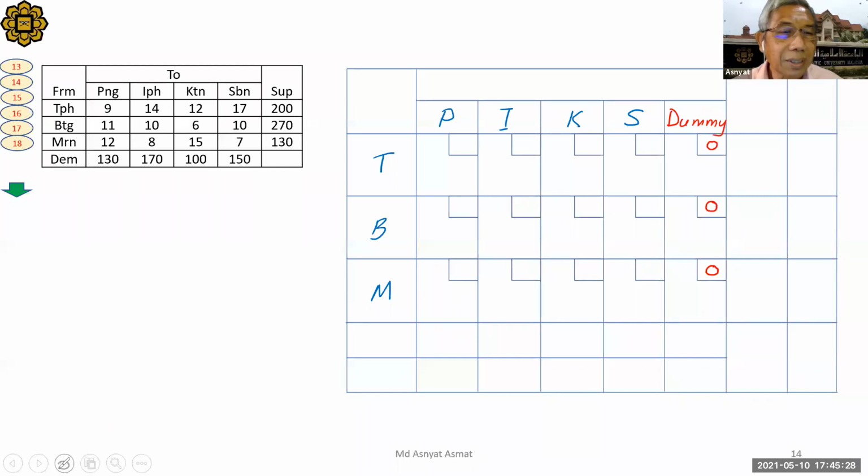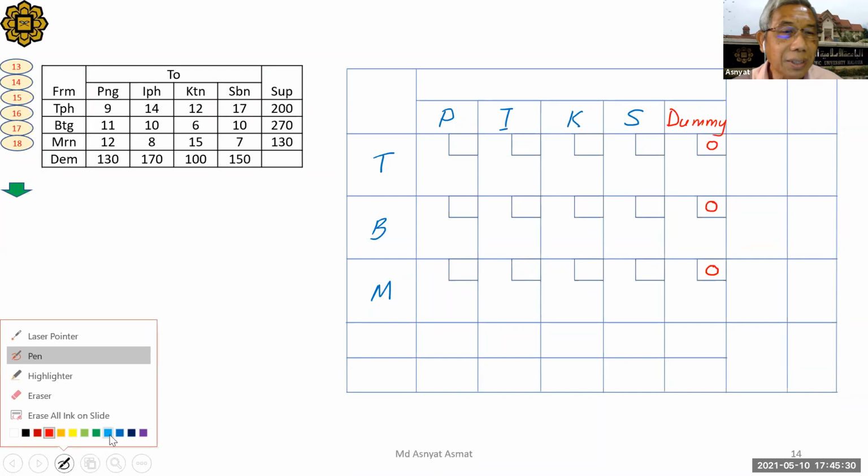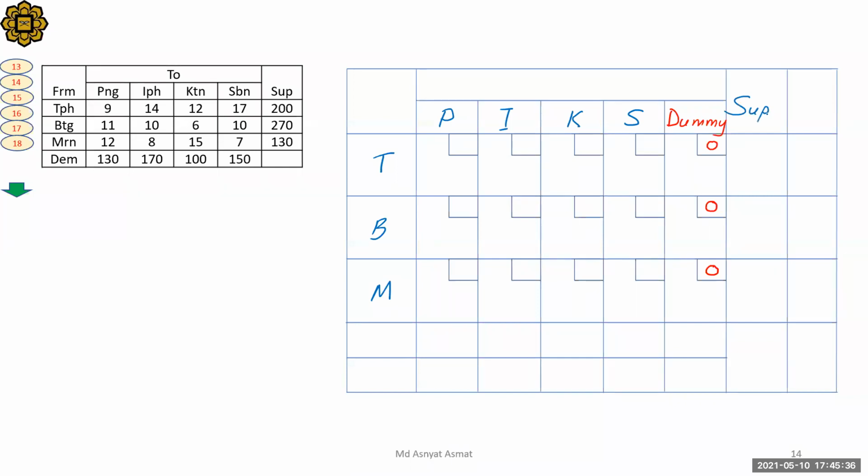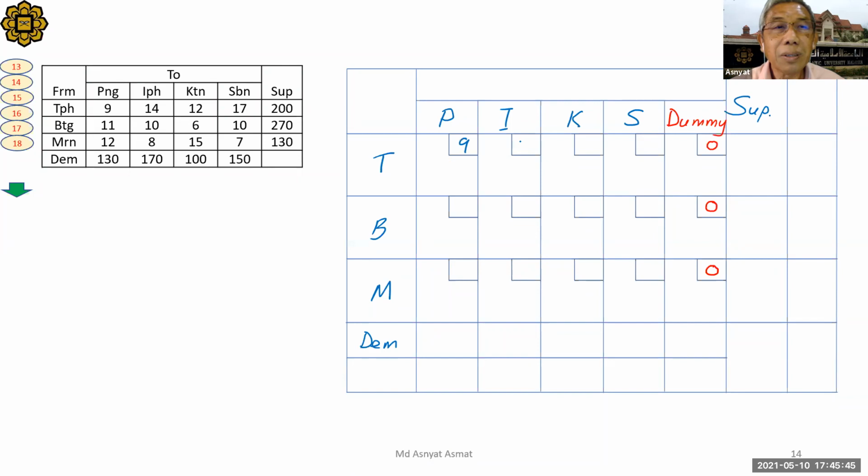Okay, let's complete everything. Here is the supply, demand, and write down the cost. 14, 12, 17.